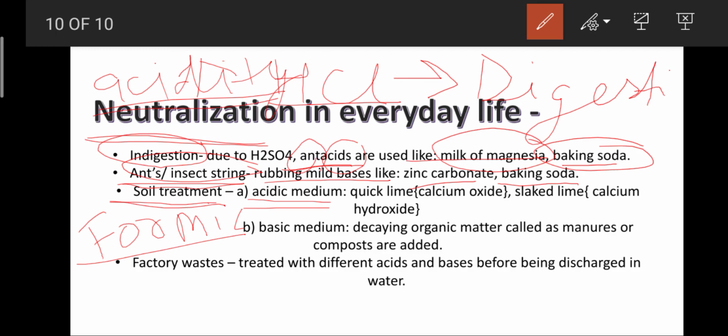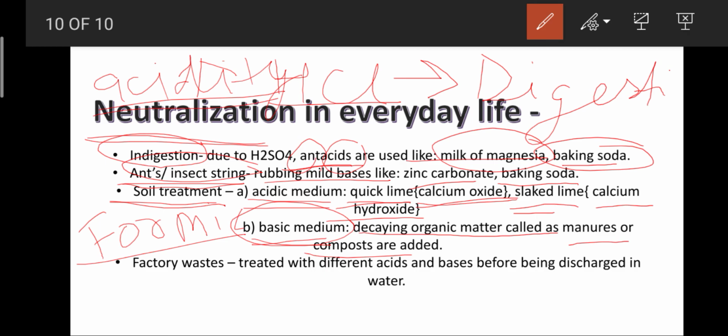To neutralize acid, we use quicklime, which is scientifically called calcium oxide, or slaked lime, which is called calcium hydroxide. If our soil is basic, then we will use dead or decaying organic matter, which is called manure or compost, and they contain a plenty amount of acid. These acids can easily neutralize the basic medium of the soil.